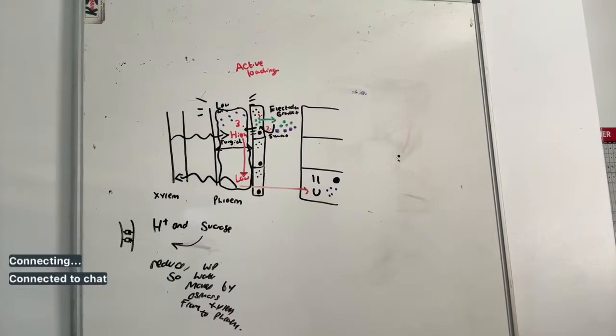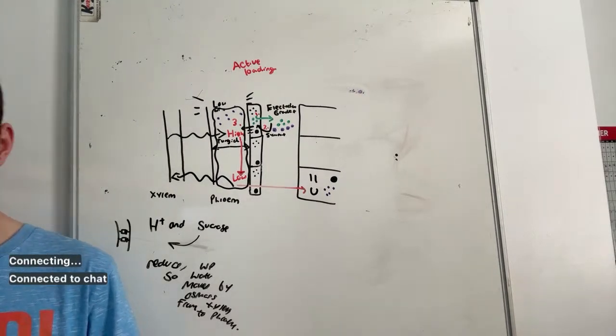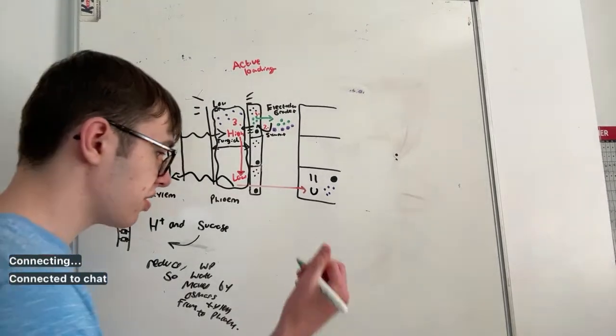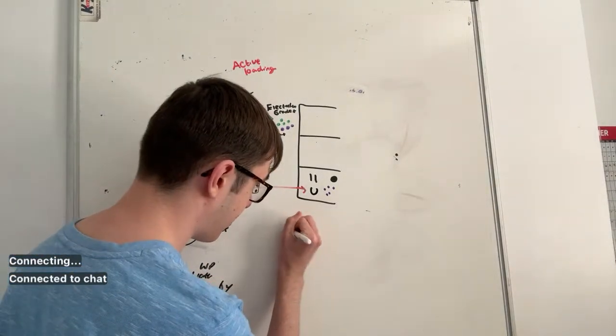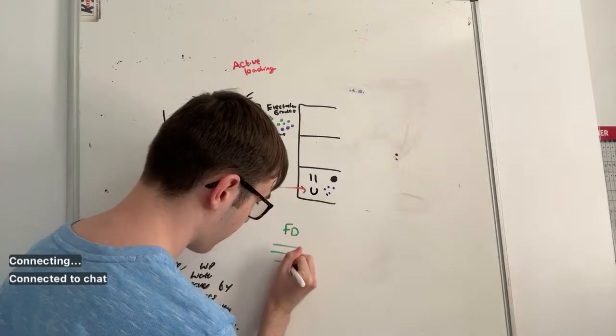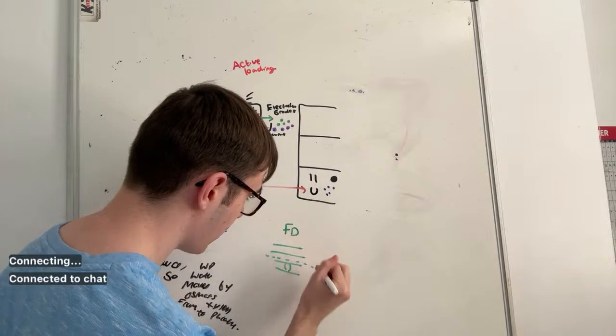Contrast the processes of facilitated diffusion and active transport. Okay. Facilitated, you got your channel and carrier proteins, which are involved.